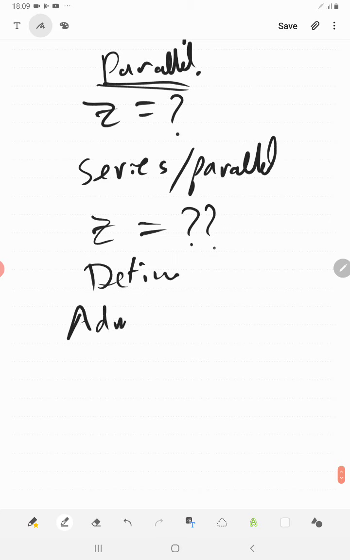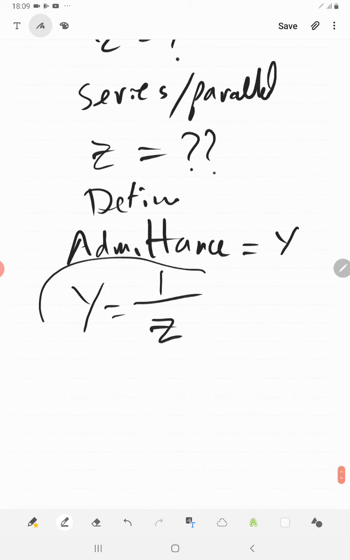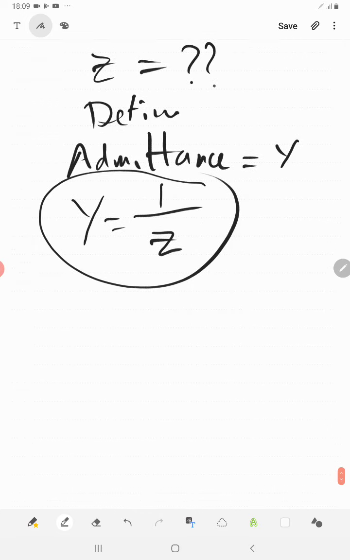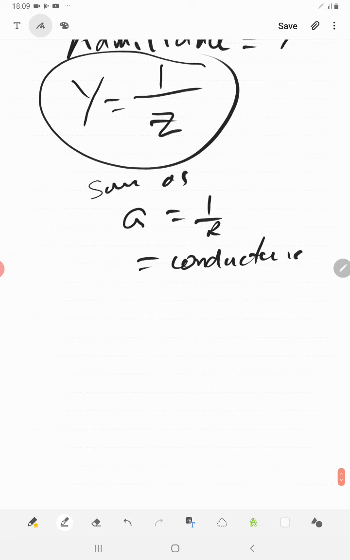admittance. Admittance Y equals 1 over Z, the same as G equals 1 over R equals conductance. So Y will be G plus jB.